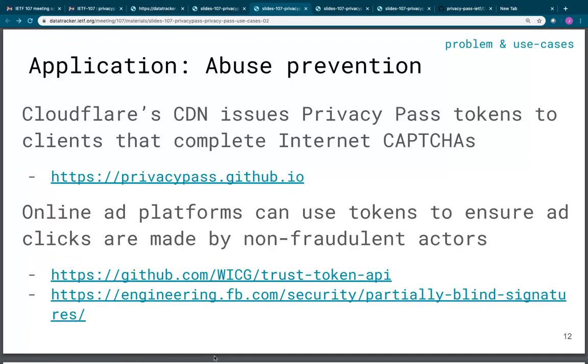A second use case, which also corresponds to the abuse prevention application, is related to the online ad platform space. Ad space providers can use Privacypass tokens to ensure that ad clicks are made by non-fraudulent actors. What this means is ad space providers need to be able to ensure that clicks on specific ads are made by clients that aren't bots, and they can use the Privacypass tokens to propagate trust.